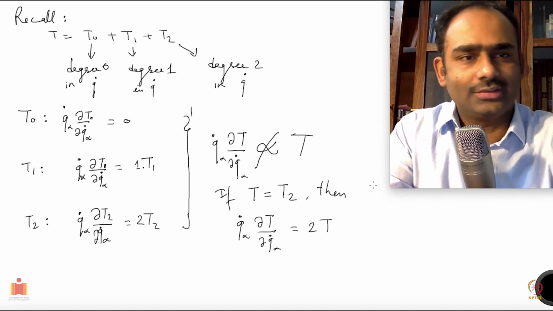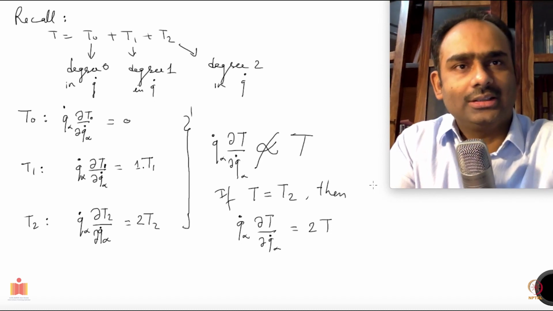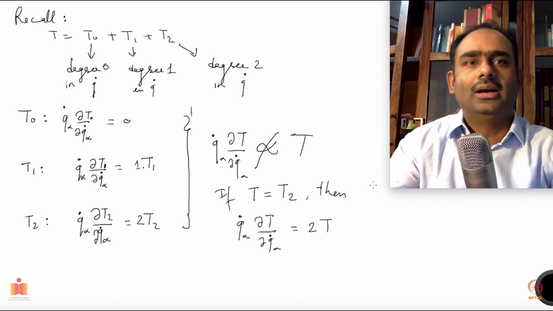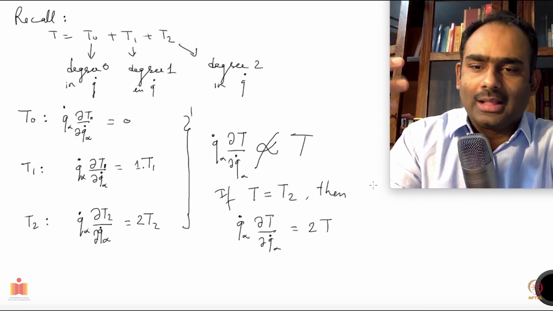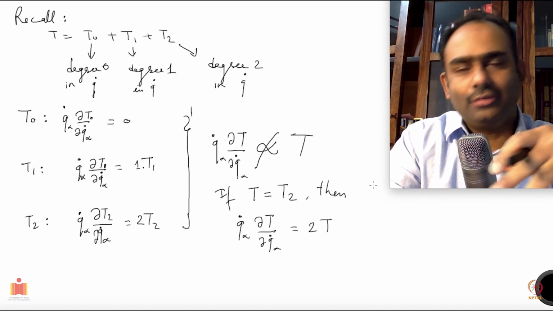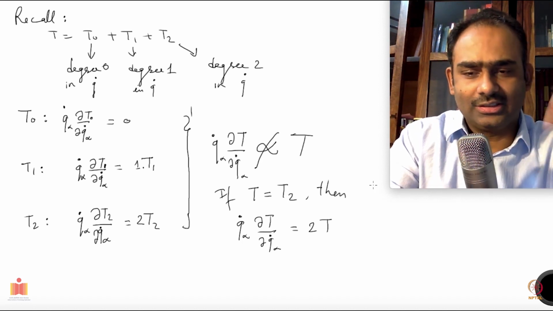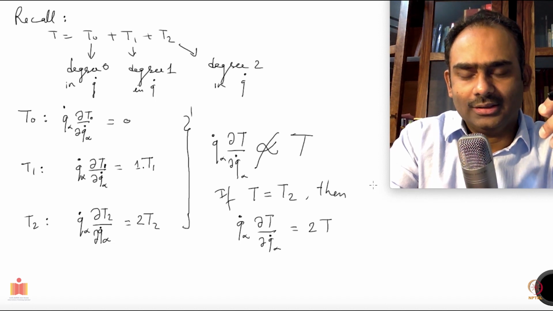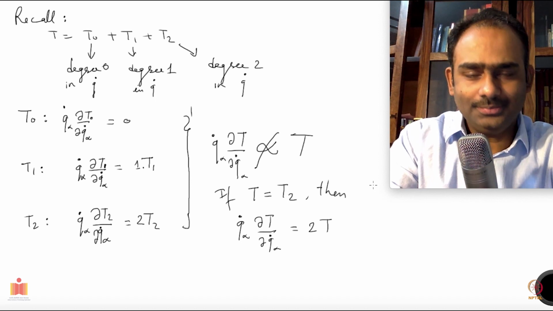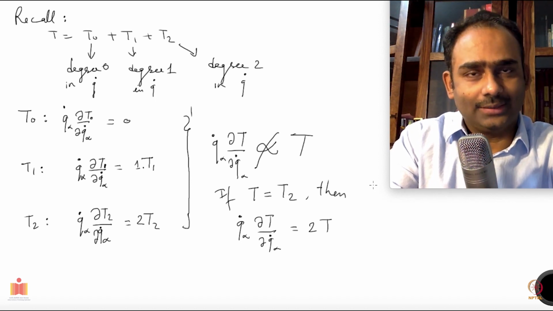Imagine some set of particles interacting with each other in some manner, but there is no external agency exerting forces on this system. So the Lagrangian of this system would not depend explicitly on time.